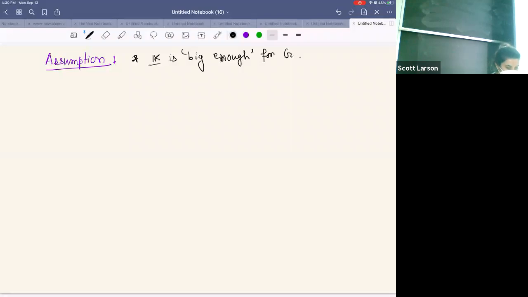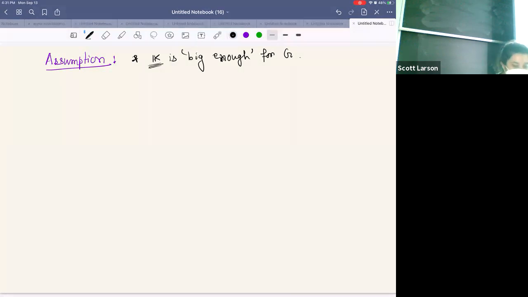I still want to use the result from characteristic 0, so I need something like a tensor product from a characteristic 0 field to my positive characteristic field. When I do that tensor product, my irreducible local system still needs to be irreducible there.